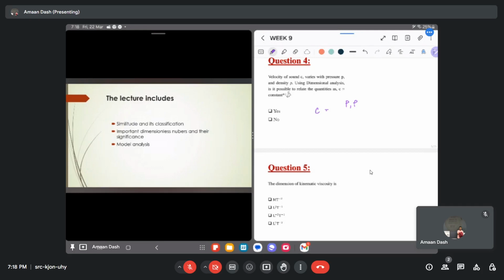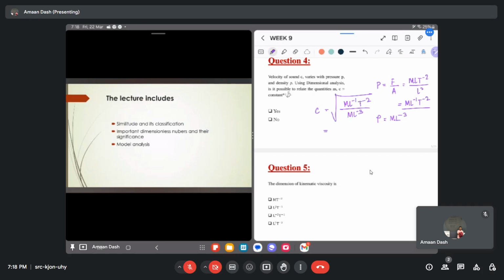So let us see. Pressure is nothing but force per unit area, that is m l t to the power minus 2 by l square. So that is m l to the power minus 1 t to the power of minus 2, right? And density is nothing but kg per meter cube, or we can write m l to the power minus 3. So if we substitute in this, we have pressure m l to the power minus 1 t to the power minus 2 divided by m l to the power minus 3, and the square root of this.